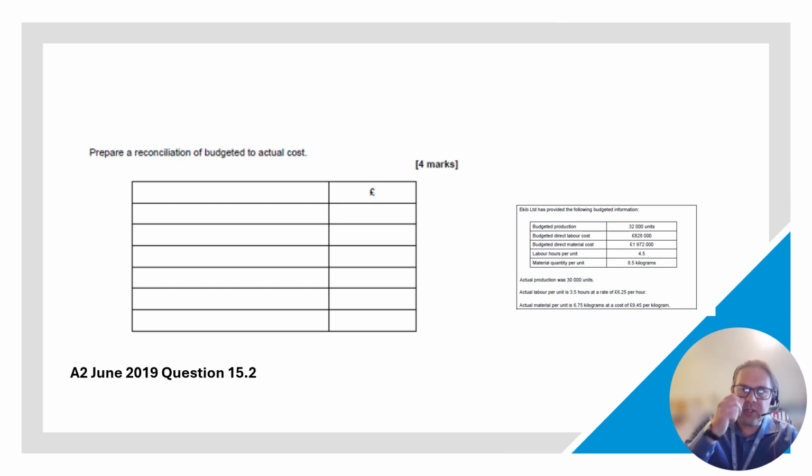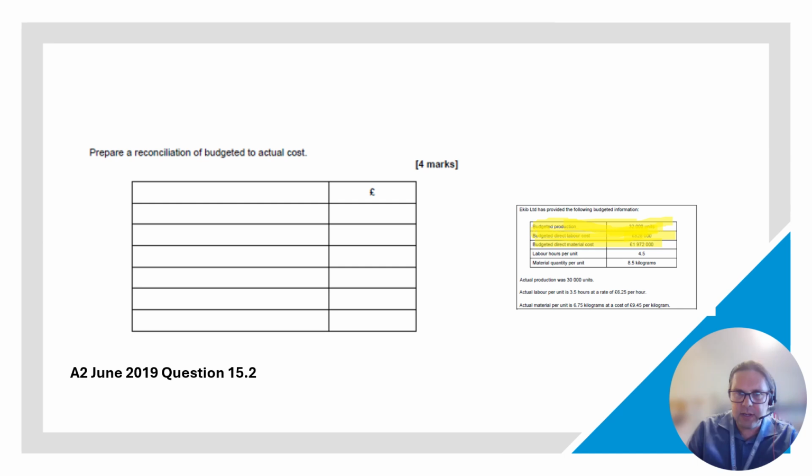So for budgeted cost, at the top you've got the budgeted production of 32,000 units, and you've got the budgeted labour and material. You can't add those two together because you're not comparing like with like.